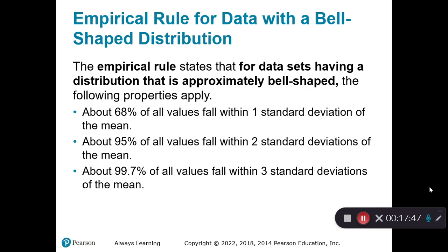All right, let's take a look at the empirical rule. And this is something that we're going to discuss kind of at a high level for now. We will come back to this in much more detail once we get into a later chapter of our course. But for now, we're going to look at a normal distribution, which is a bell-shaped distribution.